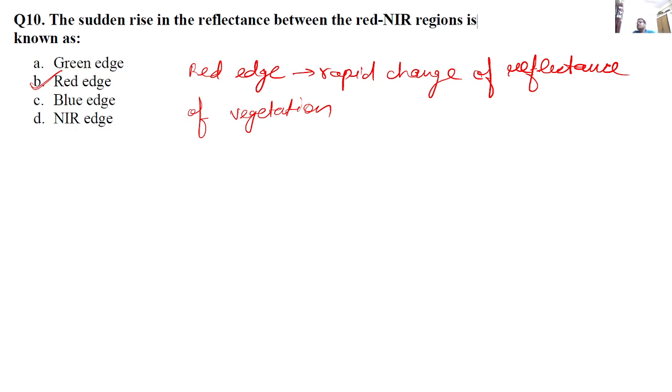Red edge is basically the mechanism that the reflectance changes massively as we move from the red band to the near infrared band, right? The reflectance curve for a vegetation looks like this. Suddenly, it peaks after the red band, and it explains why it happens. So there is a mechanism behind it, and that is what I was discussing.